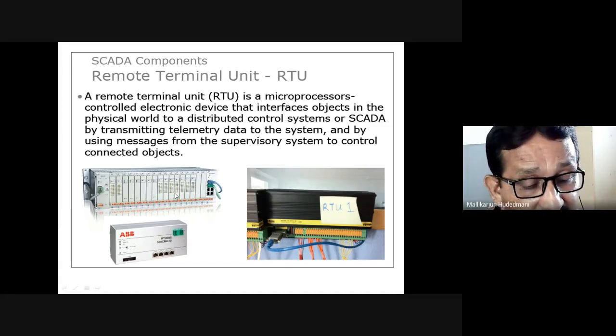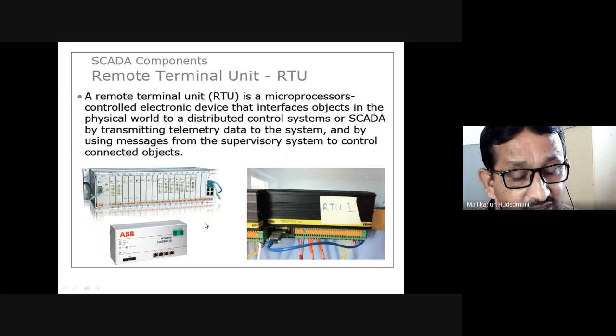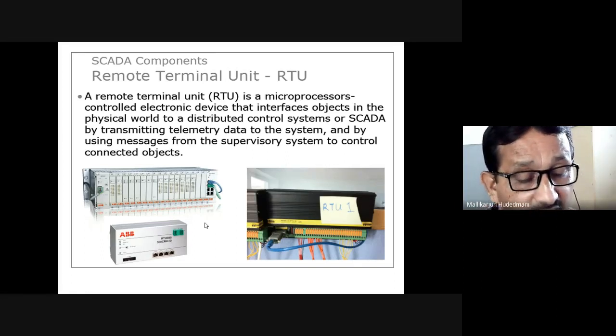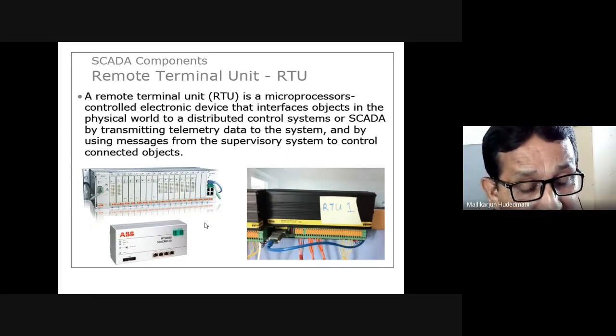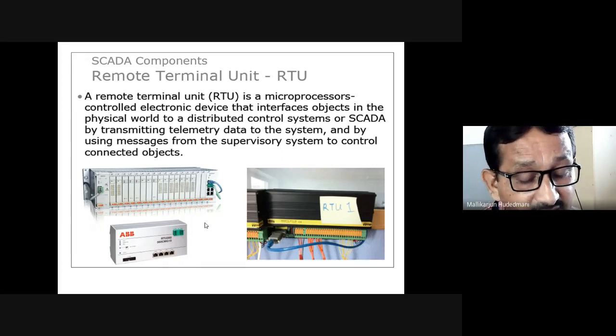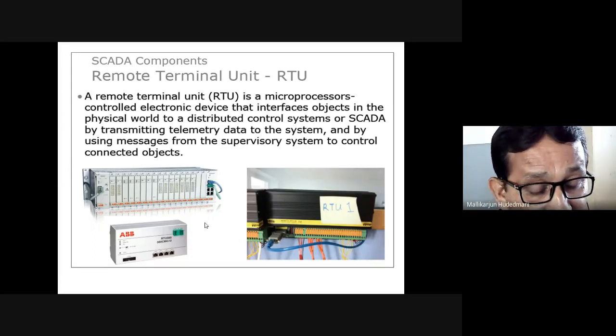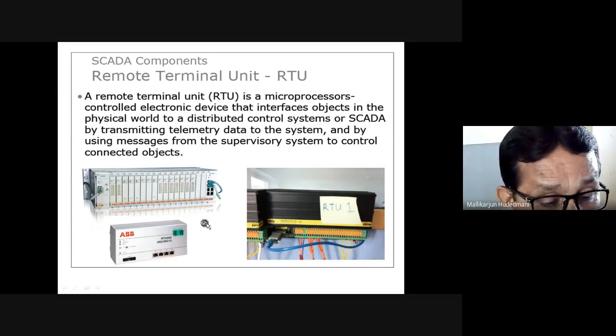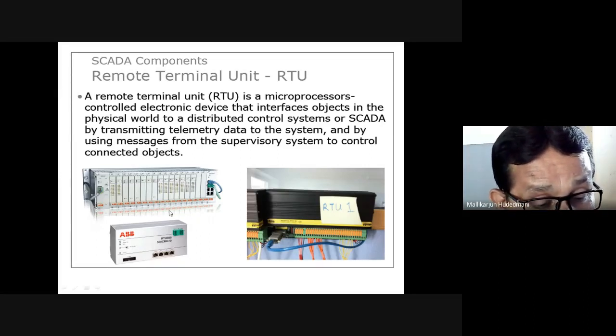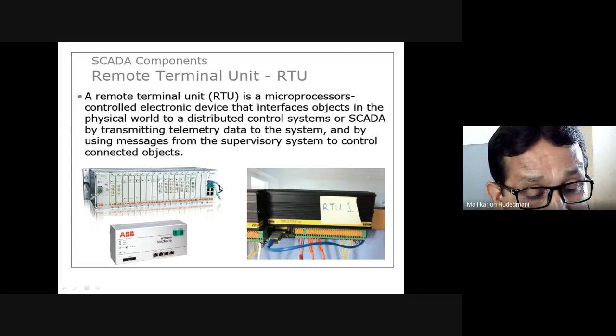That electronic device, which is a field device, takes the normally open contact, normally closed contact, NO and NC as we call them, a variable transducer output or analog signals, or a field open-close command. All that information from the field is connected to the inputs and outputs of this electronic rack.